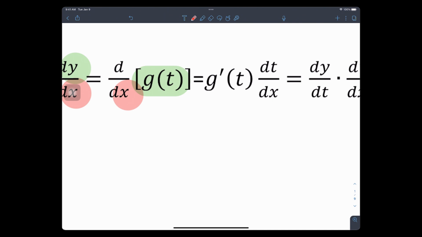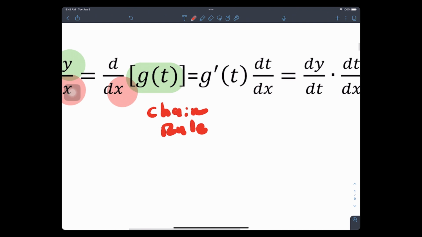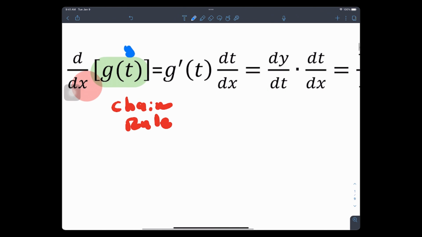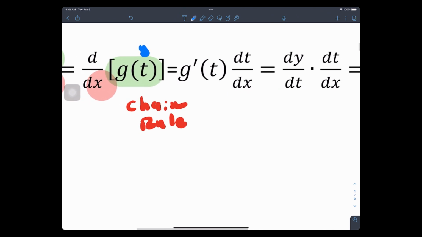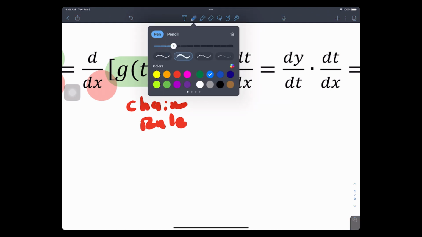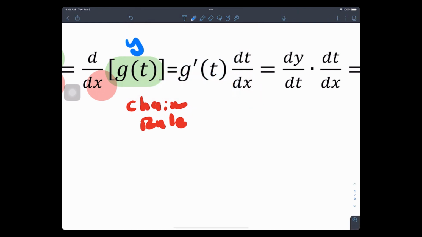This is going to be by chain rule, ladies and gentlemen. By chain rule, since this thing is y, it's really what you see here. Chain rule goes over here. That's dy dt times dt dx.